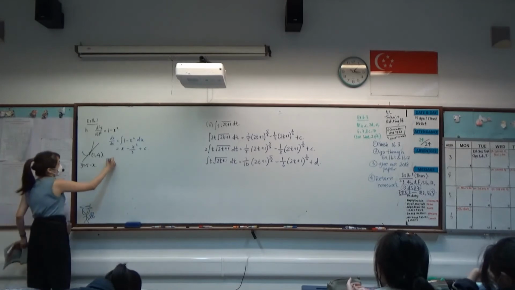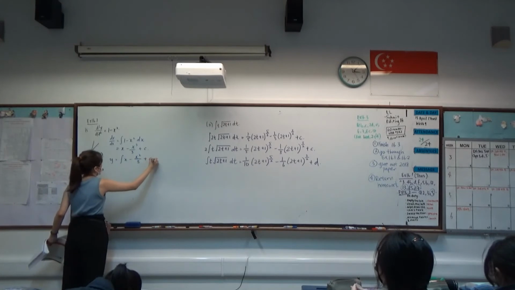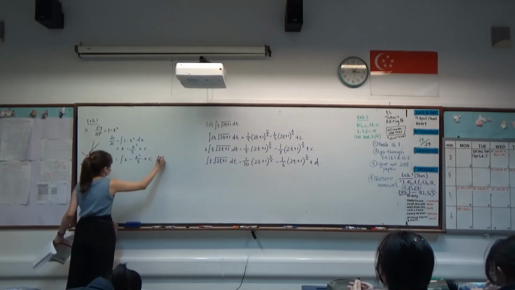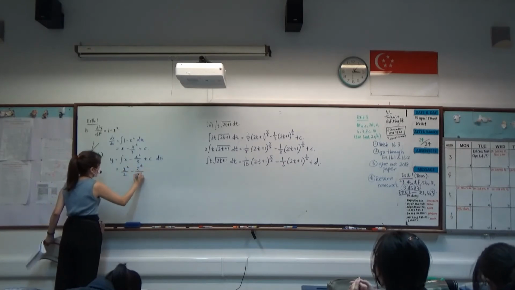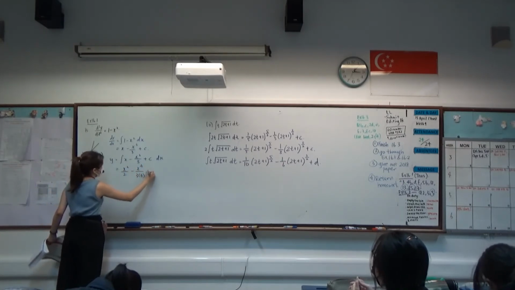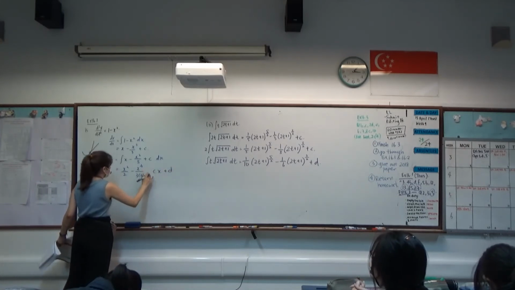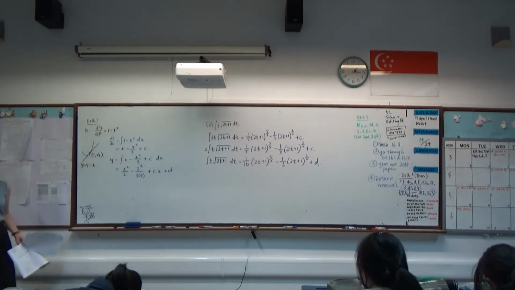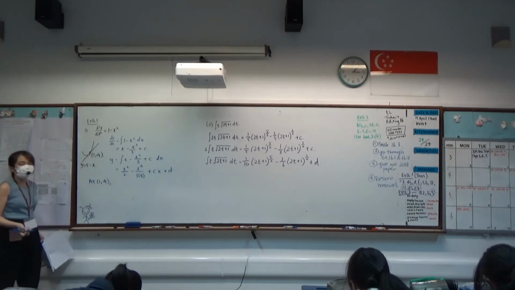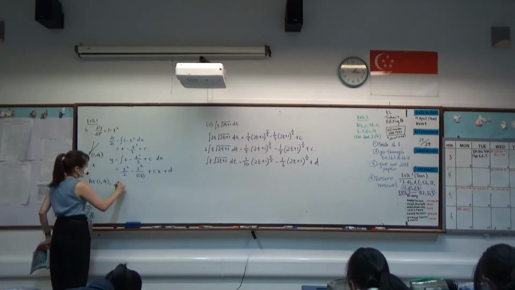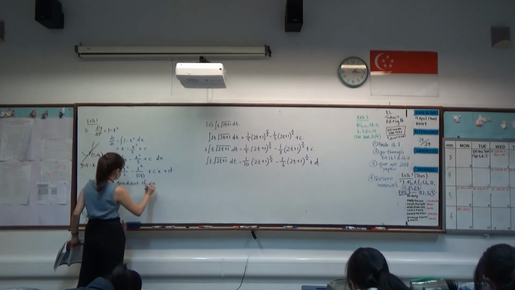Okay, to get y, integrate it again. So x squared over 2 minus x power 4 over 3 times 4 plus c x, plus d. Okay, then now at 1, 4 itself, we know that the gradient of the tangent can be extracted out of the equation of the straight line of tangent.